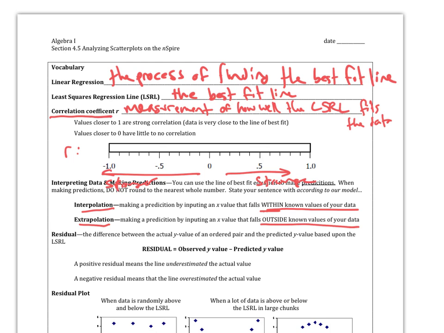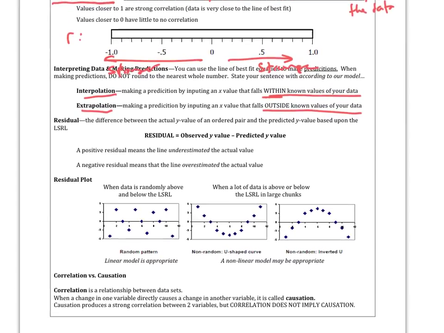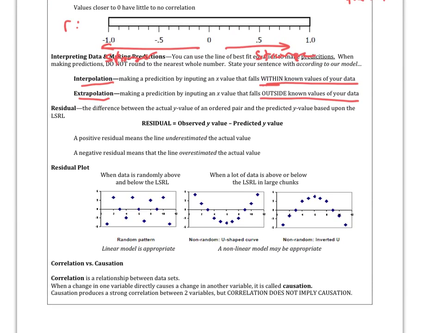Now, we're almost done here, but on the other page we saw those residual graphs, or residual plots. Residuals are calculated, and this is a formula you want to remember, as observed y value minus predicted y value. If you can just remember observed minus predicted, that's going to be helpful.